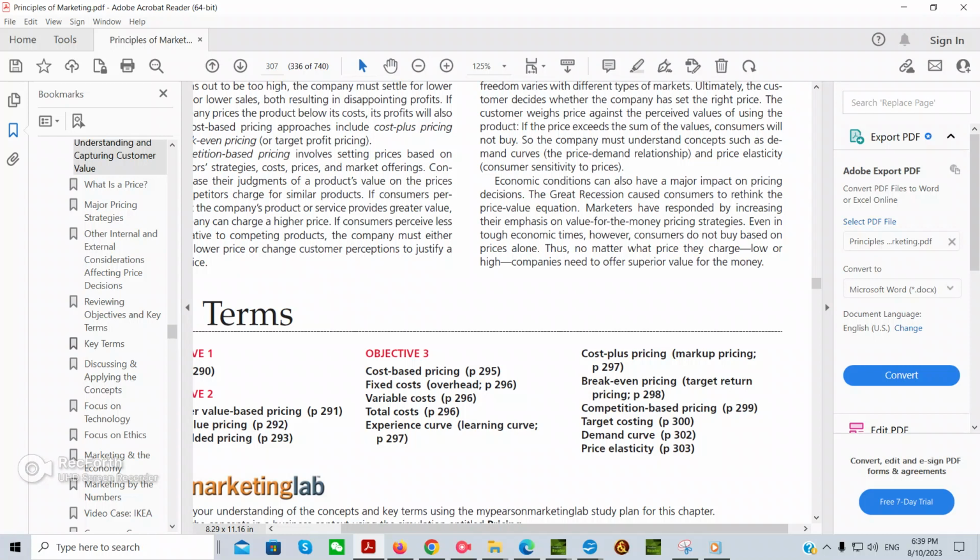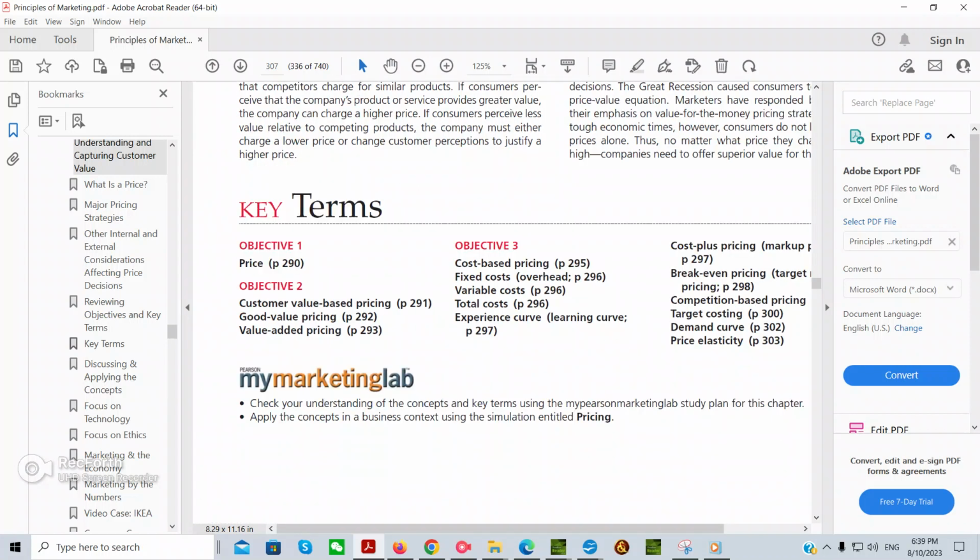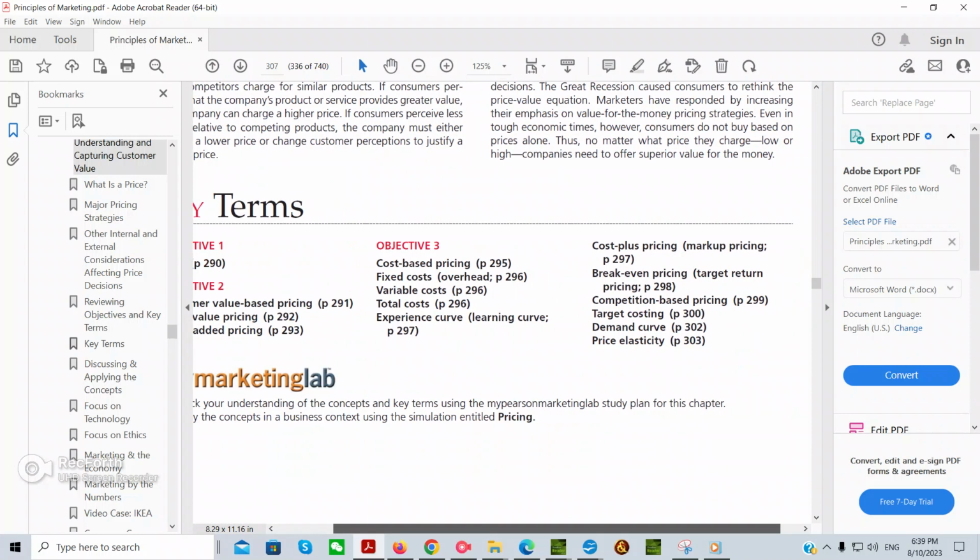Cost based pricing, fixed costs, meaning overhead, variable costs, total costs, experience curve, otherwise known as the learning curve, cost plus pricing, which is the markup pricing, break even pricing, which is target return pricing. And we have competition based pricing, target costing, demand curve, and pricing elasticity.